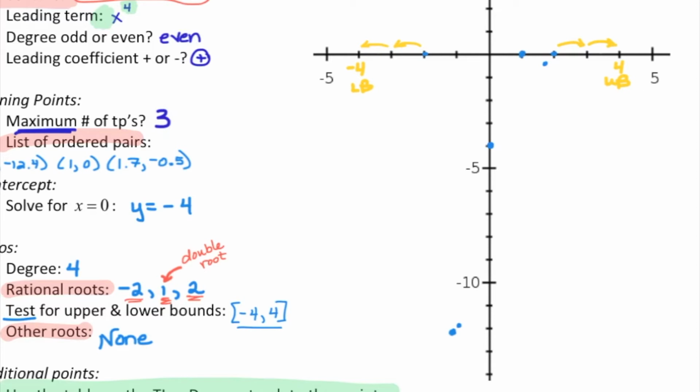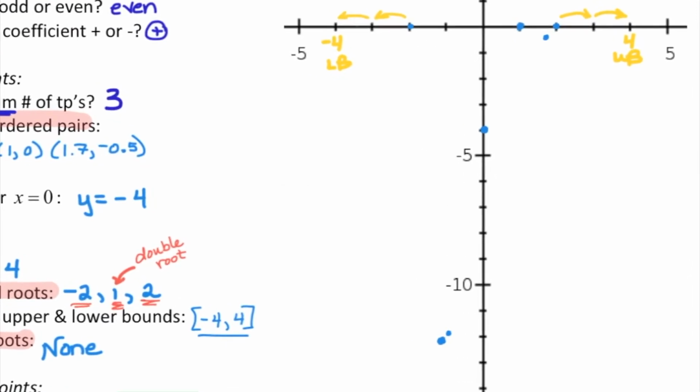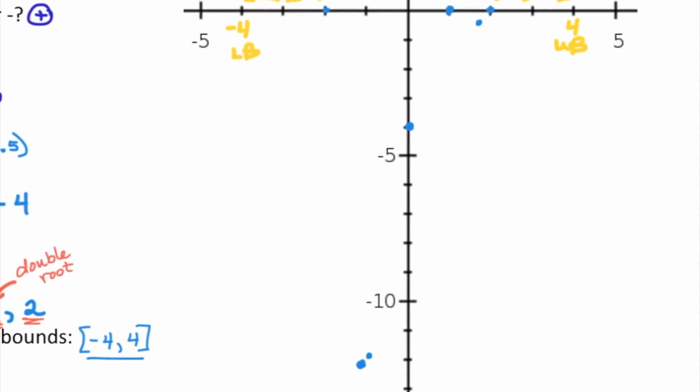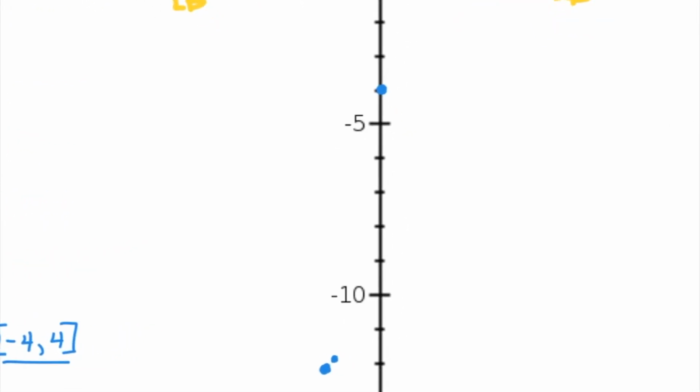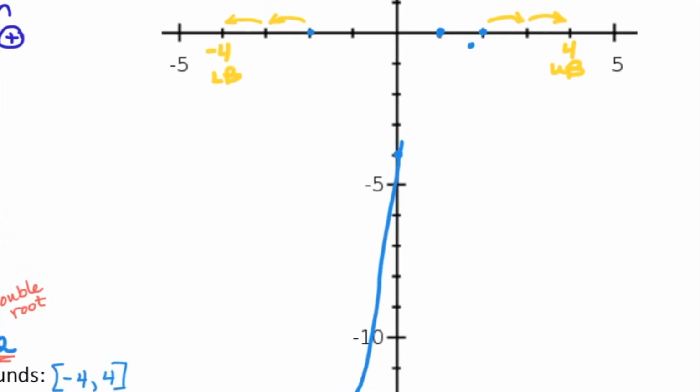1, 0, 2, 0, which I have graphed both of those. And then 3 is positive 20, and I haven't given you room to graph positive 20. And so then the next thing that you want to do is just kind of try to draw a nice smooth curve through all of those points, which is pretty tricky on my iPad, but I shall try.